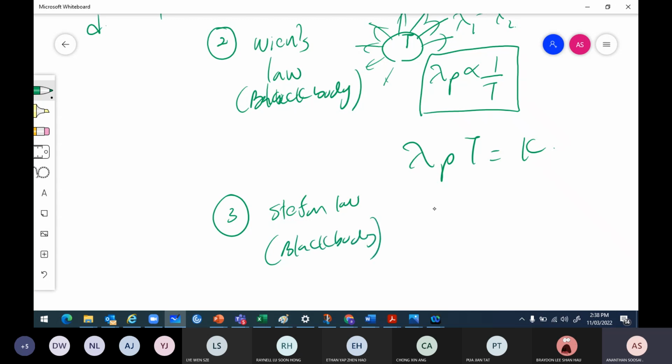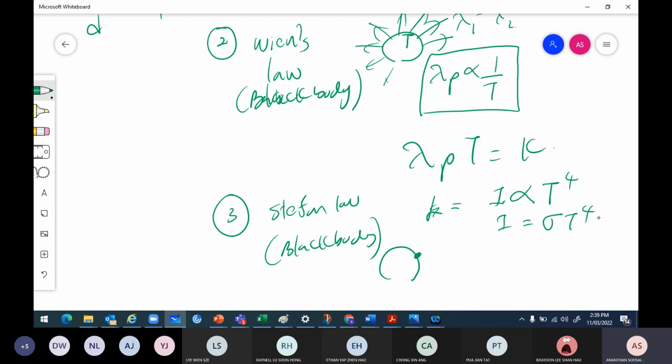For a black body, the intensity of the radiation at its surface is proportional to T to the power of 4. So when we equate, we find a constant sigma, sigma T to the power of 4.